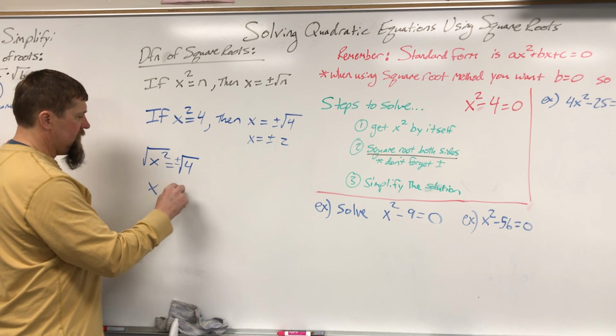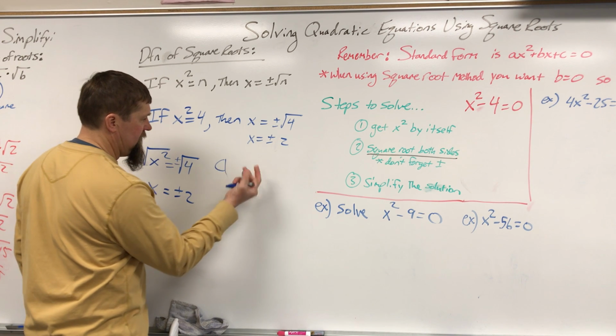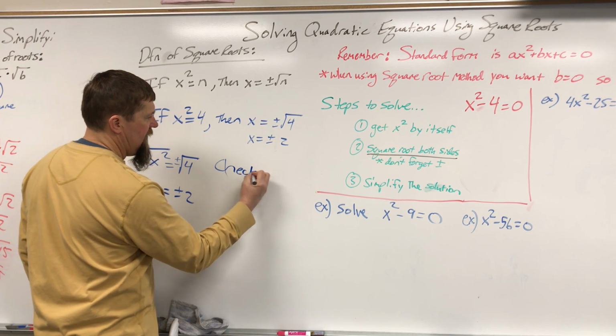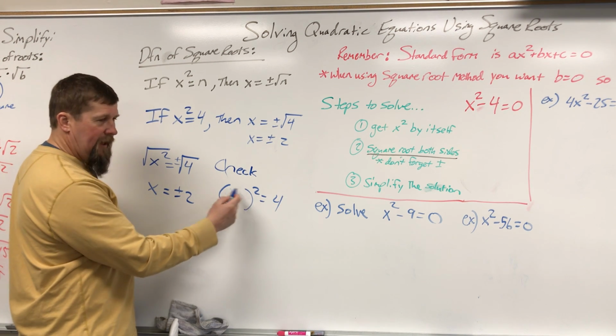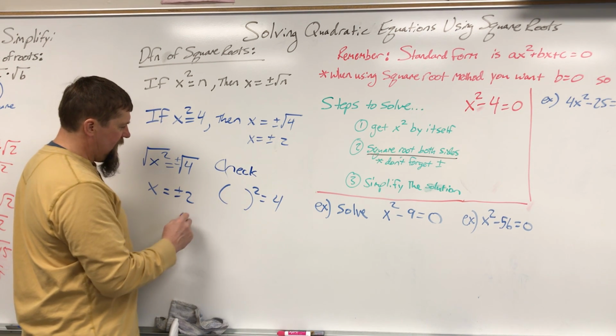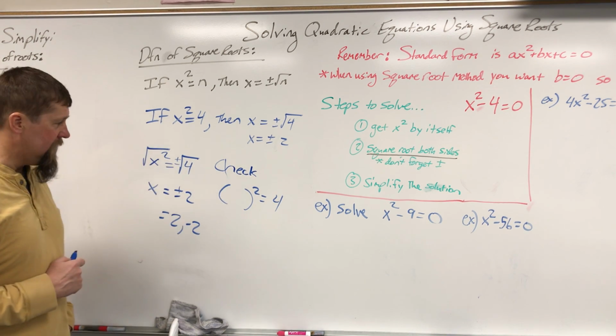The reason is because if you were to check this, and take the original problem and plug in a value of x, there are two answers, 2 and negative 2.